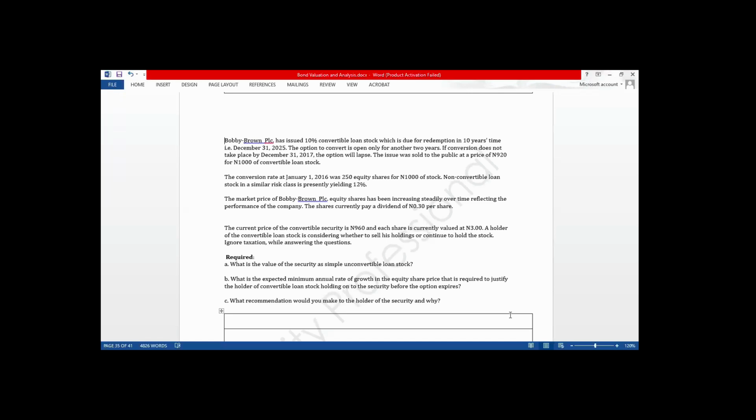Yes, it's on page 131. Okay, 131 of the pack you shared with us, of the soft copy material. Yes, that's correct. All right, thank you. Page 131. Question 2. All right. We can proceed now.